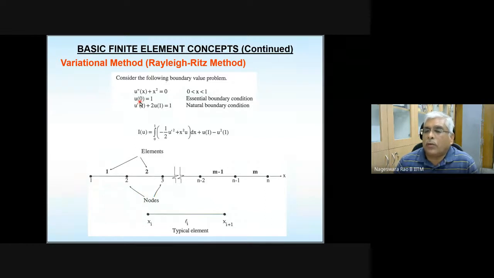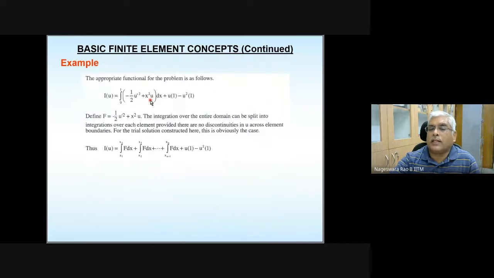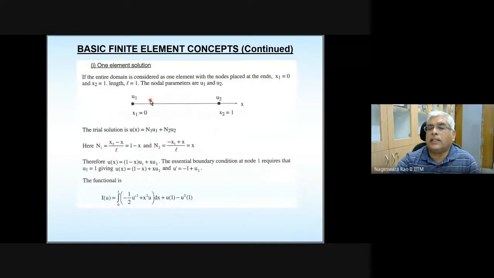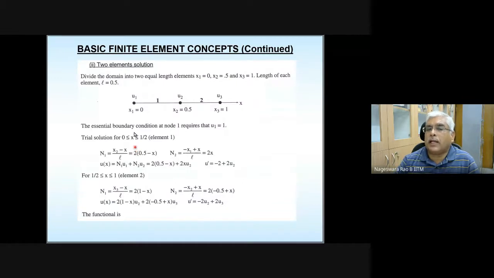At that node, whatever value of U, you just equate it to 1. That is as simple as that. That is what we have done here. In this discretization, one element solution, U1 is taken as 1. In two element solution also, U1 is taken as 1.